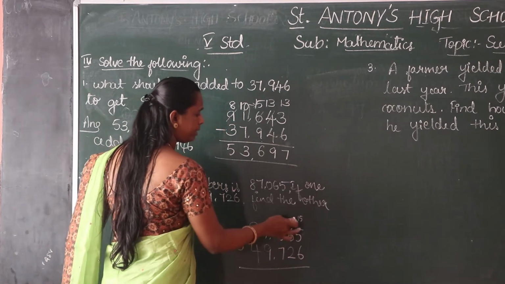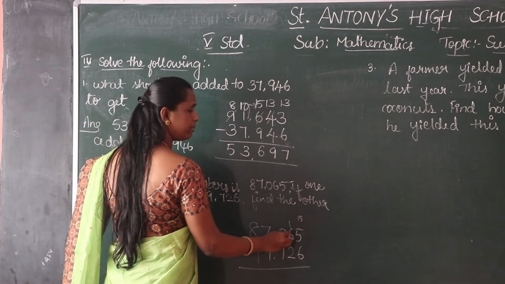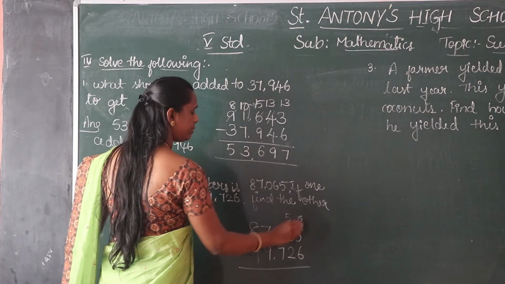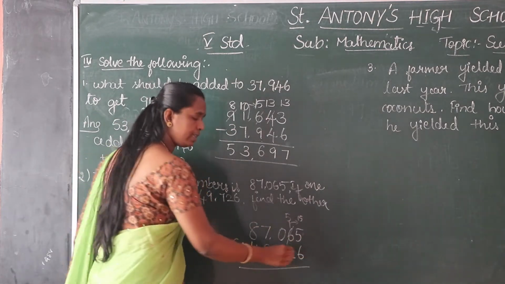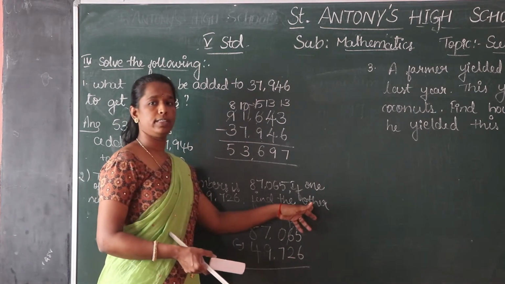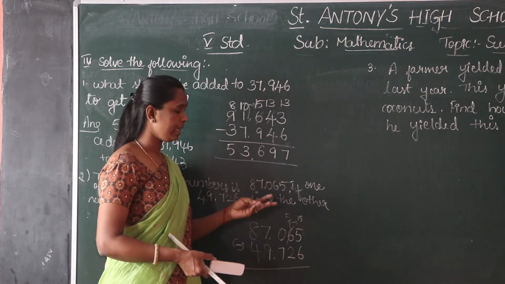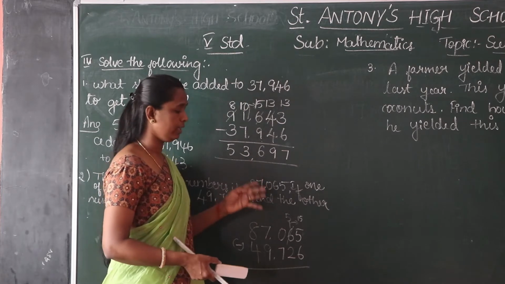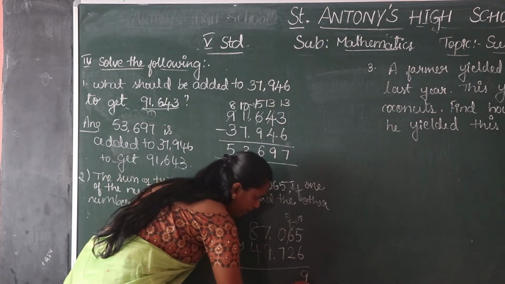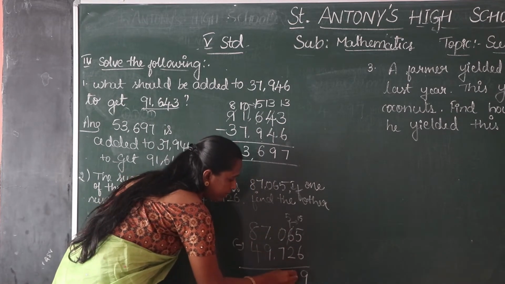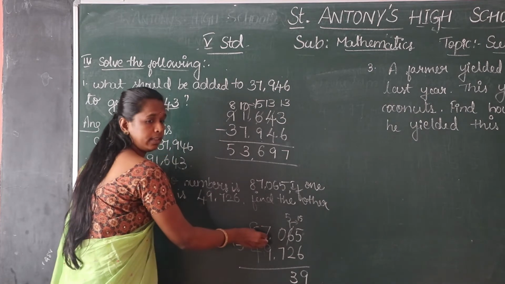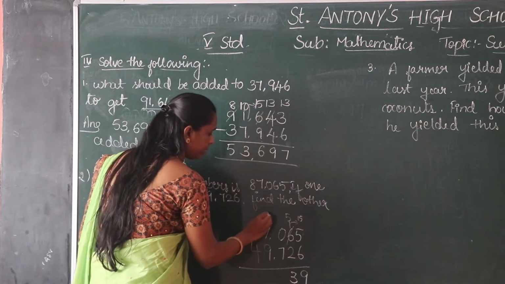5 minus 6 is not possible, so take borrow from tens place. This 6 becomes 5. This 5 becomes 15. 15 minus 6. Just you have to count from 6 to 15. Okay children? 7, 8, 9, 10, 11, 12, 13, 14, 15. Answer is 9. And then 5 minus 2, 3. Here 0 is there. Take borrow from 1000 place. This 7 becomes 6.